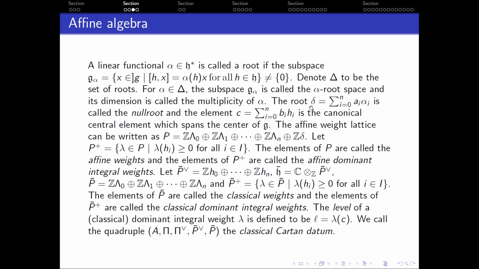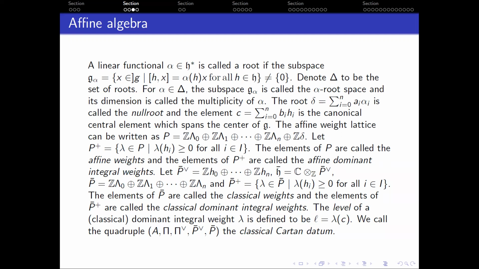But in particular, corresponding to the null vector a_0, a_1 up to a_n that I told you, if we take this integral combination with those a_i's of the alpha_i, that gives us a root delta, which is called the null root.